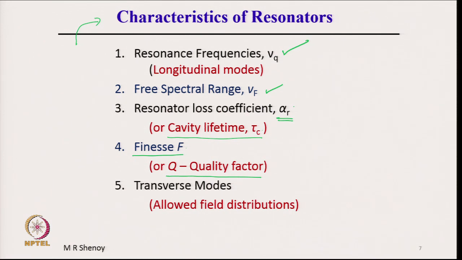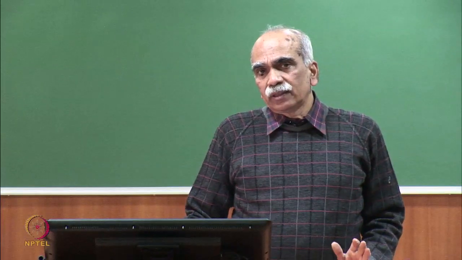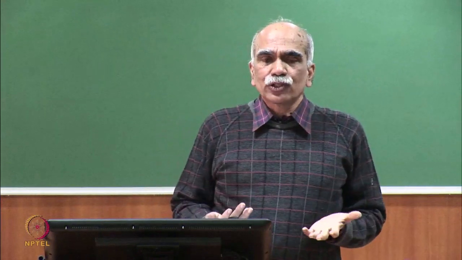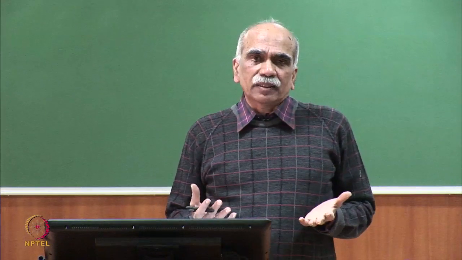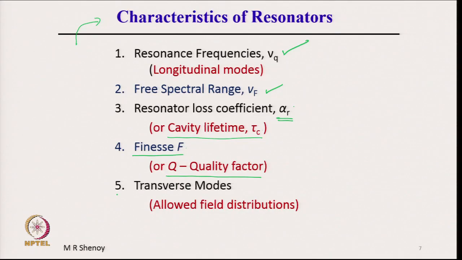Each one of them is characterized by the losses in the resonator. A low loss resonator means it has a high finesse or a high quality factor. We will see this in detail. And finally, the transverse modes, which represent allowed field distributions in the resonator.